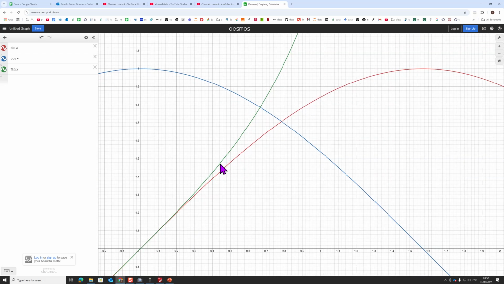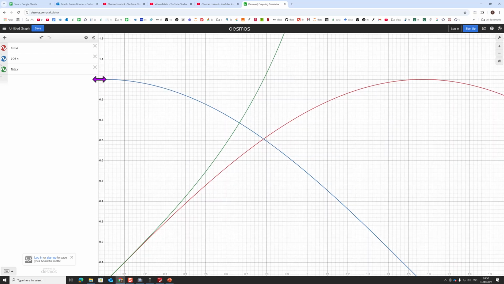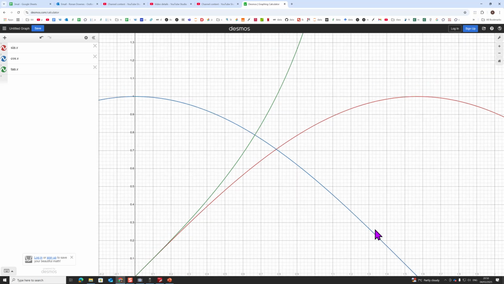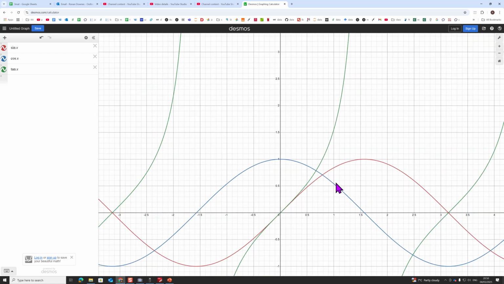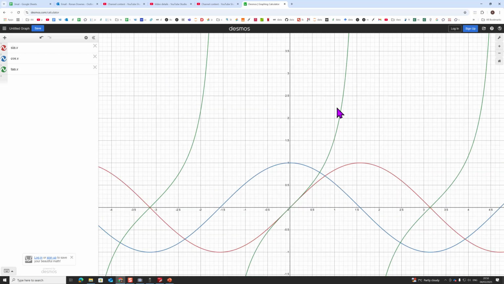What matters is cos decreases from 1 down to 0, which is your 90 degrees just there. Sine increases and tan heads off to infinity. Okay, so it's called an asymptote. Let's switch back over here.